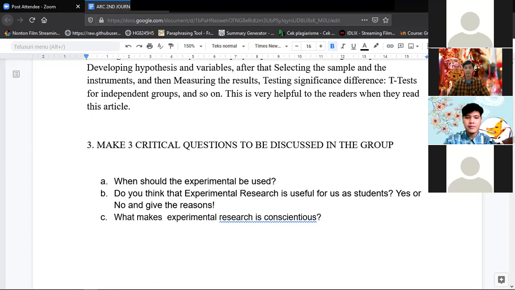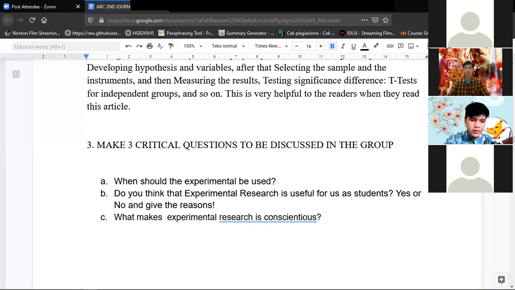So I use experimental, because experimental is like a test of two means, like a control group. We make a research of two groups, and then want to know whether the variables have a relation or not. I think that's such a situation. Okay, thank you, Mr. Rico.